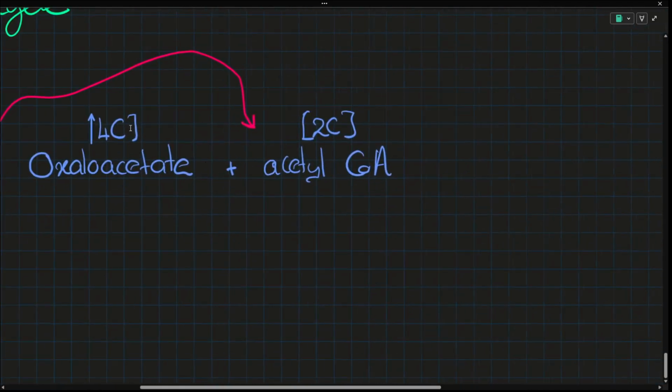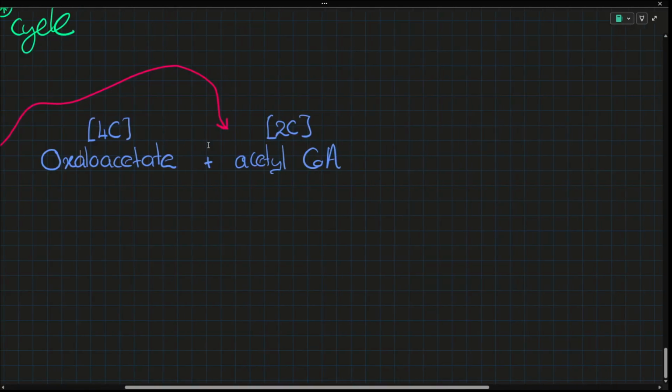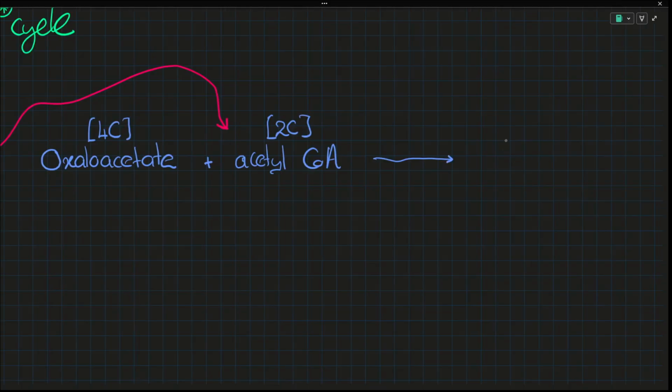And why in the world did this turn into an arrow? 4 carbons, 4 carbons, right. Acetyl coenzyme A. Now 4 plus 2, basic math. What is that? That would be 6. Now when these two things join, we are actually producing a 6-carbon compound, and no, don't think that we're producing glucose again, because we are not.